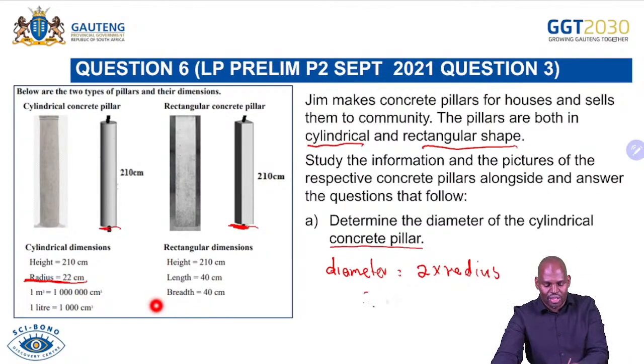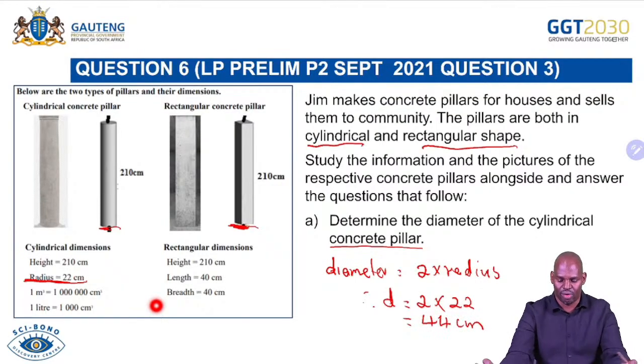So therefore we get diameter is equal to 2 multiplied by 22, and then this becomes 44 centimeters. Okay, so easy. We just had to take the radius which is given, then multiply by 2, and we get the answer. Okay, then the next question.